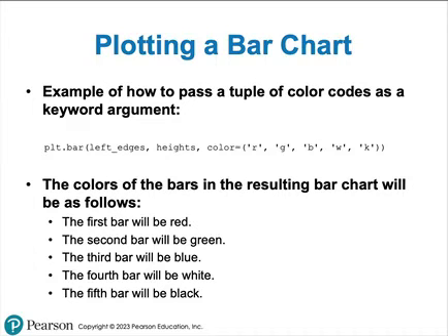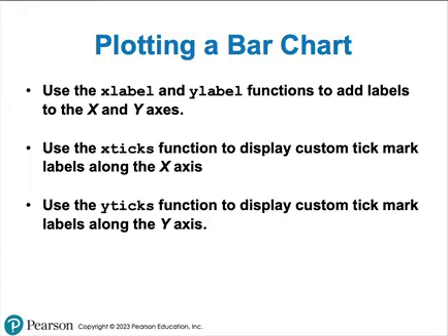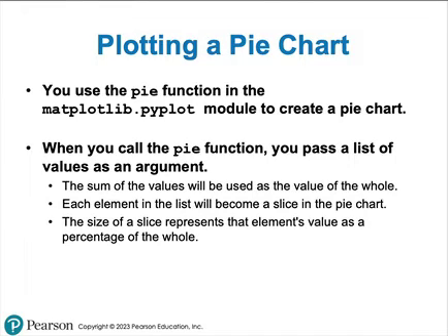We did this with a named argument that is color equals, and then a color for each of the bars that we have. And we're going to add X label to put the labels there. We're going to use X ticks and Y ticks to mark our axes.